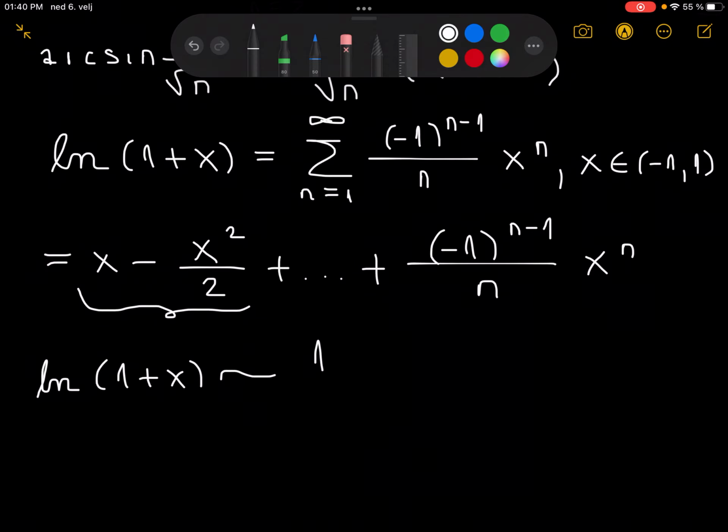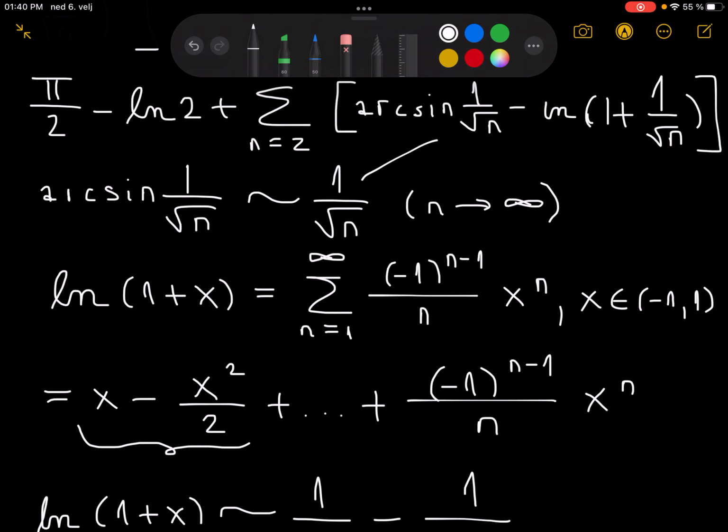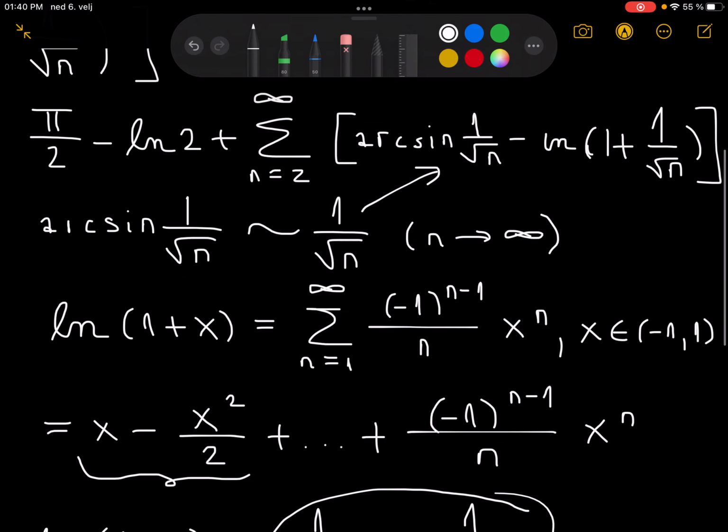So it will be equal to 1 over the square root of n minus 1 over the square root of n squared, which is just minus 1 over 2n.